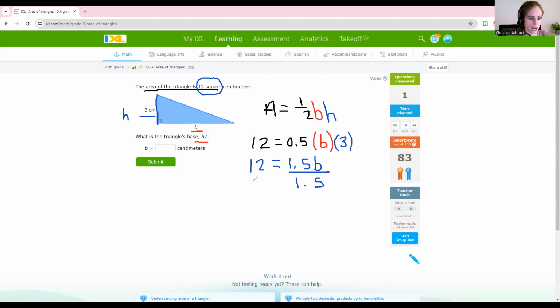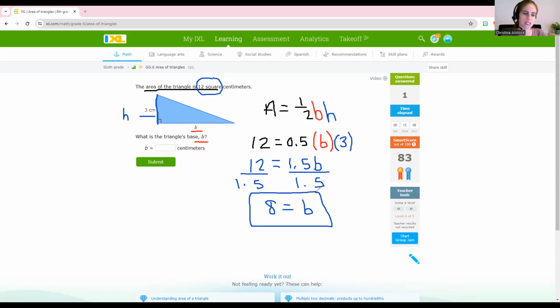So we'll divide both sides by 1 and 5/10, and that gives us the answer of 8. So in order for this triangle to have an area of 12, our base would have to be 8 centimeters.